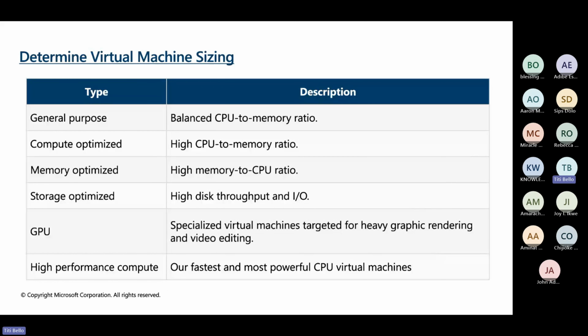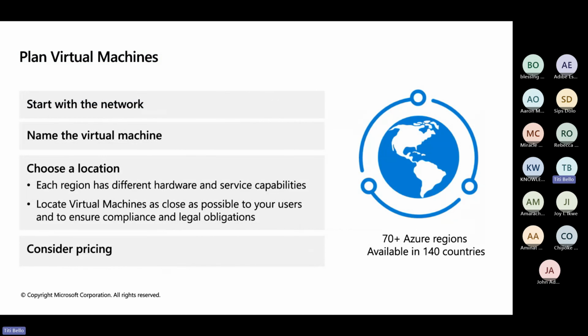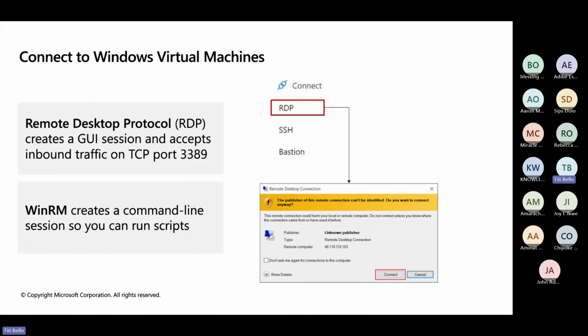So, just a recap of the class. Connect to virtual machines. We use the RDP. It accepts the traffic on port 3389. If you remember when I selected the option RDP while creating the virtual machine, it showed the port number 3389.